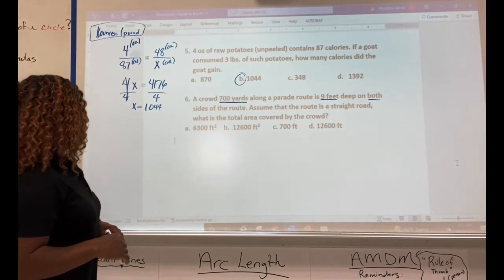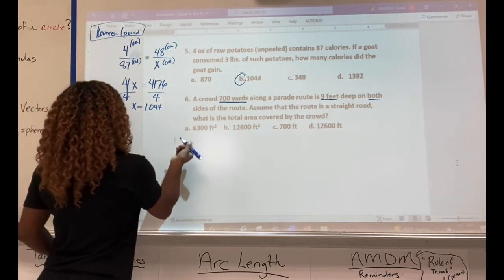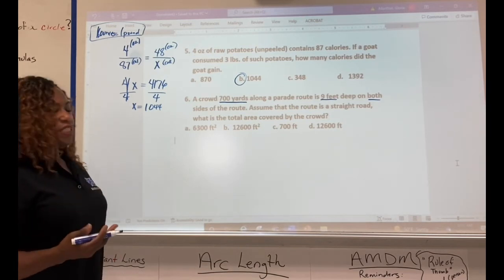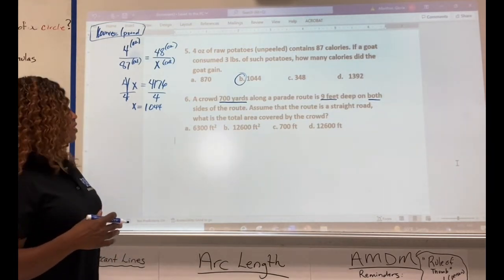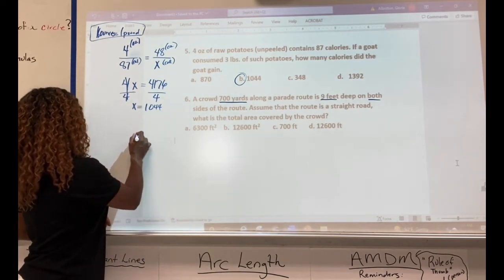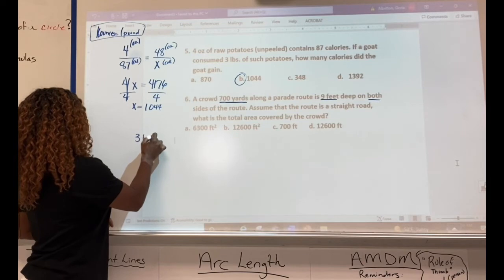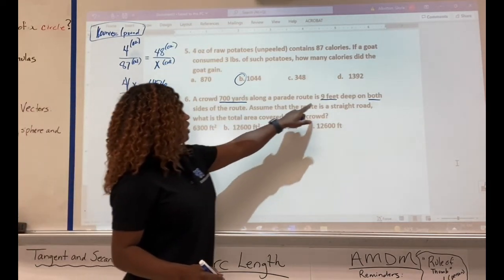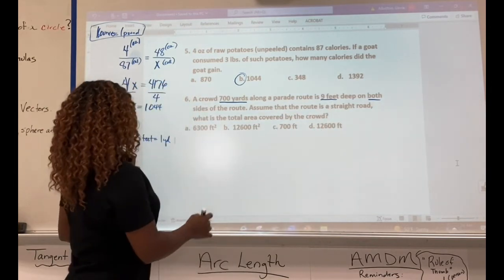So what we're going to do here is, in this case, let's see, we can either change yards to feet or feet to yards. And I think most of us know that there are 3 feet in 1 yard. So we could change 9 feet into 3 yards if we like.